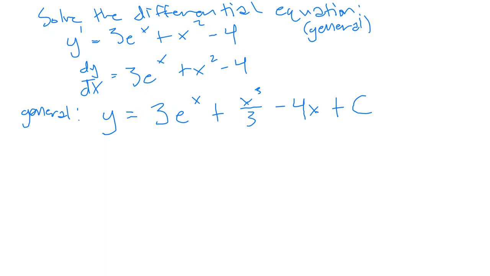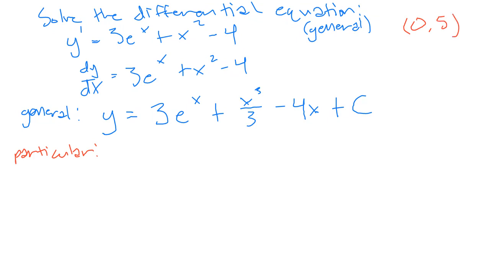Now let's go ahead and find our particular. For our particular, we're going to have the same thing, but we're going to solve the equation for the point 0, 5.